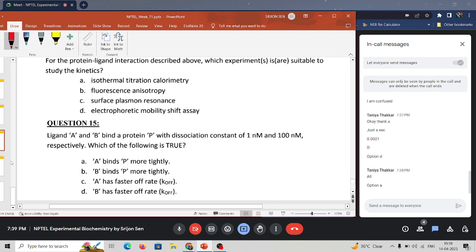Yes, that is correct, because A binds P more tightly because it has lower Kd value, and lower Kd value means tighter binding. Yes, that is right.